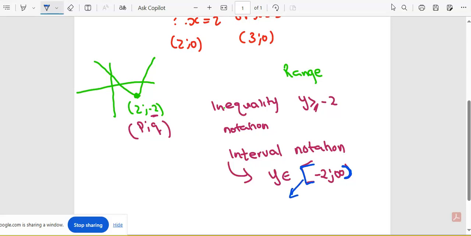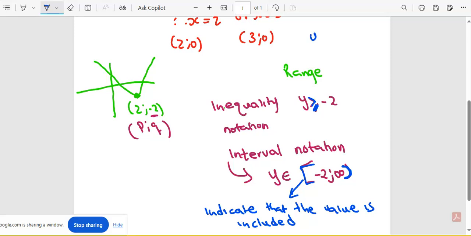Yes, sir. It indicates that this value is included in the solution. Why is it included? Because we said y must be greater than or equal to negative 2. There's a difference between y is greater than negative 2 and y is greater than or equal to negative 2. This one must not be equal to negative 2, but greater than negative 2.